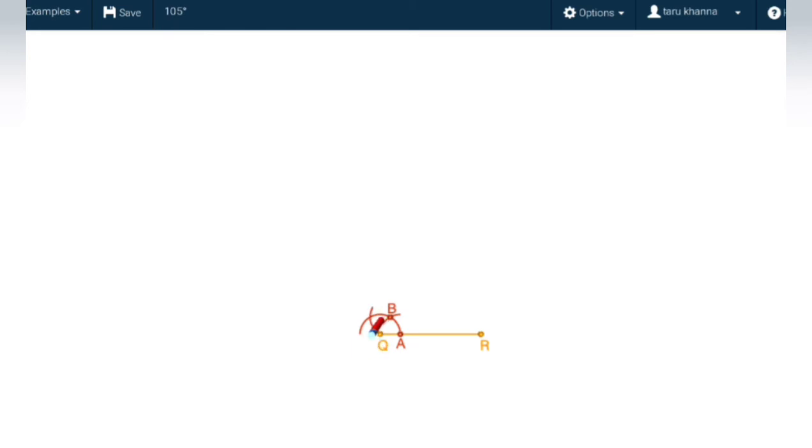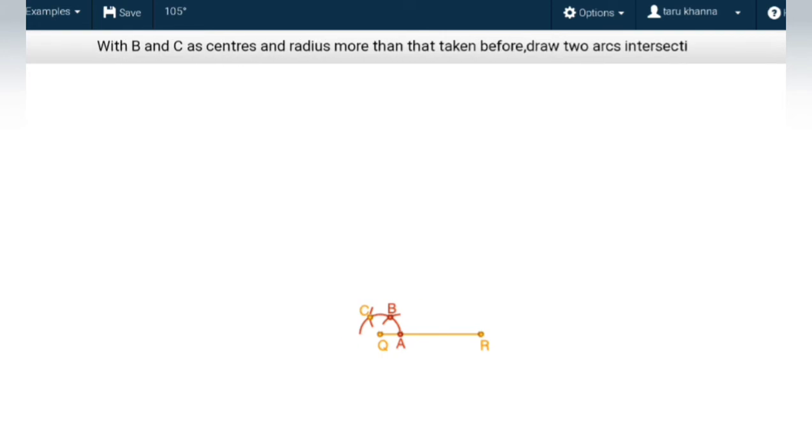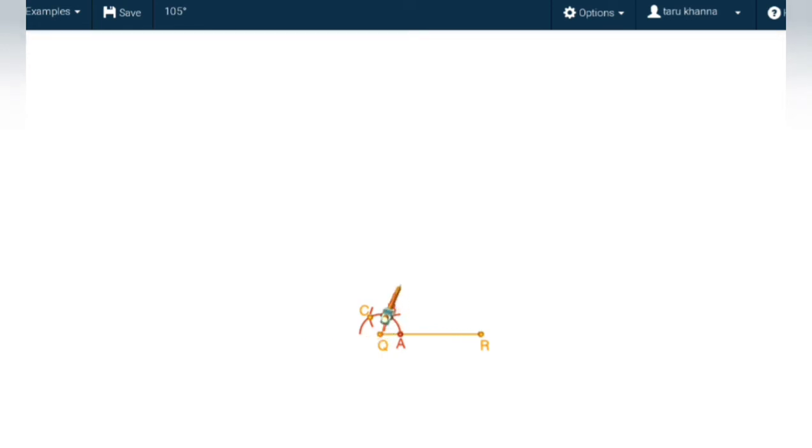Now with B and C as centers, we will increase the radius that we had taken previously for drawing the main arc, and we will cut two arcs such that they intersect each other at point D. And this angle that will be formed by cutting two arcs from B and C respectively will be of 90 degree.